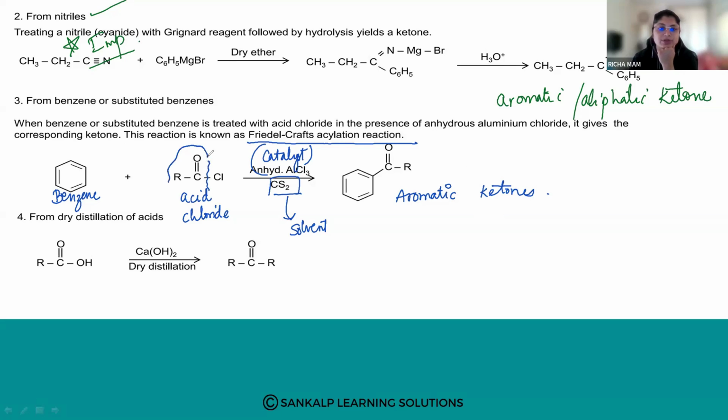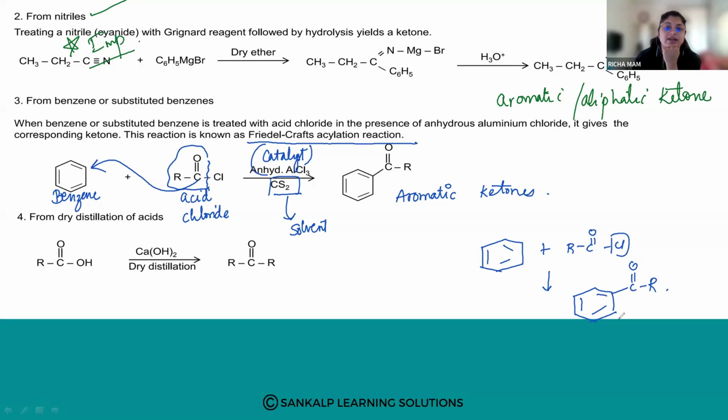This group is introduced in the product: you have benzene and C double bond O Cl, and you get benzene with C double bond O R. This is the acetyl group, which is introduced here, so you get an aceto derivative.